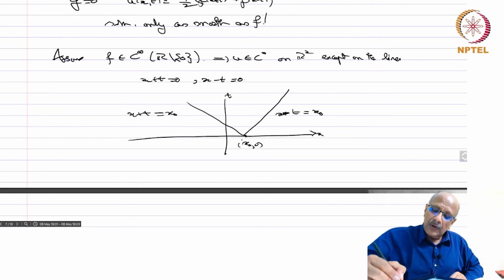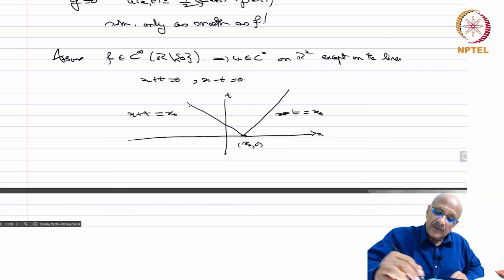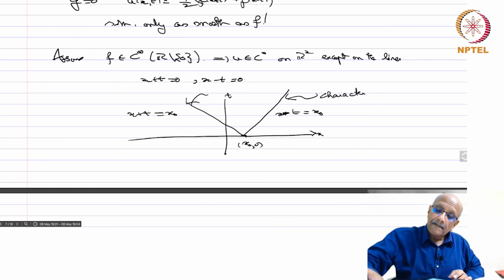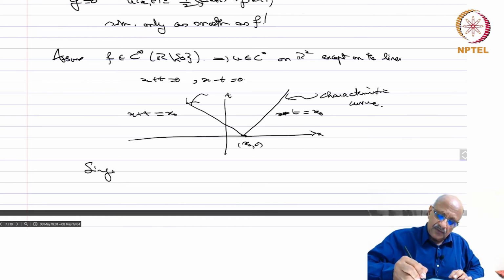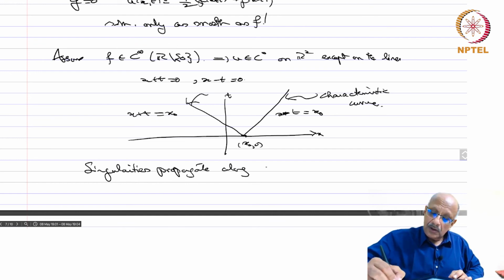So if you have a singularity at this point, the singularity will persist on these. These are called the characteristic curves. So singularities propagate along characteristic curves.